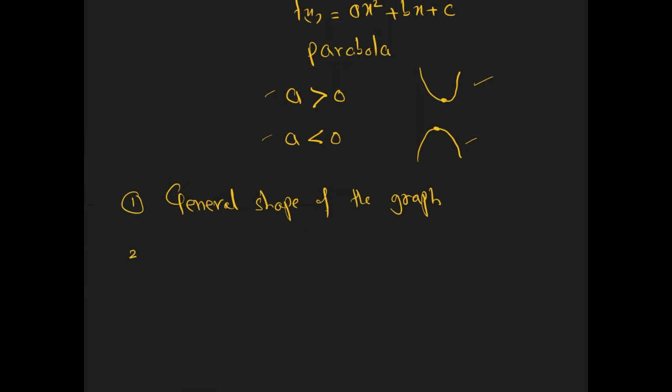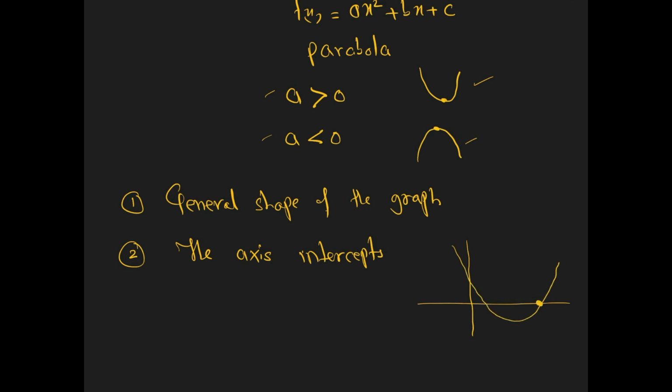The second piece of information required in order to sketch the graph is the axis intercepts. Whenever we are sketching the graph of any given quadratic function, we need the points where the graph of f(x) = ax² + bx + c intercepts the x-axis, as well as the point where it intercepts the y-axis.